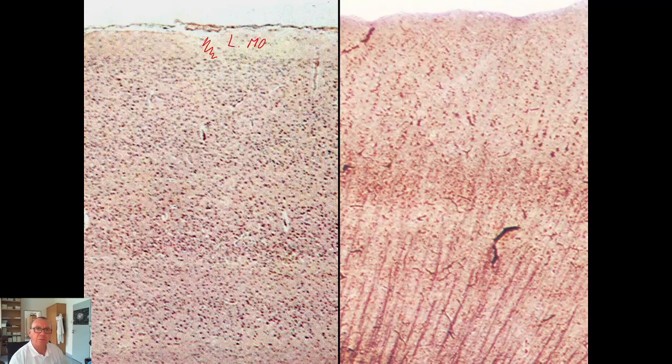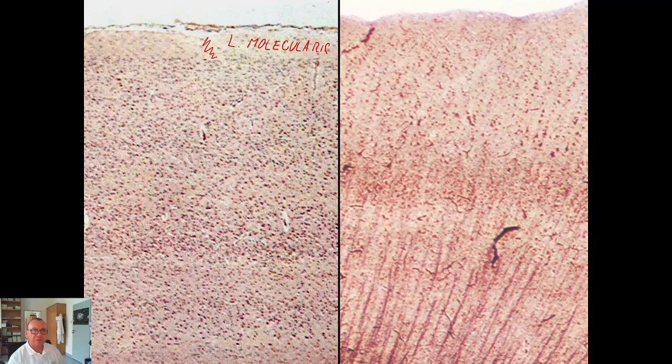Here we use the word lamina, laminae. Cerebellar cortex had strata, but cerebral cortex contains 6 laminae. So lamina molecularis is the first, and it is recognizable every time because it contains really few cells.